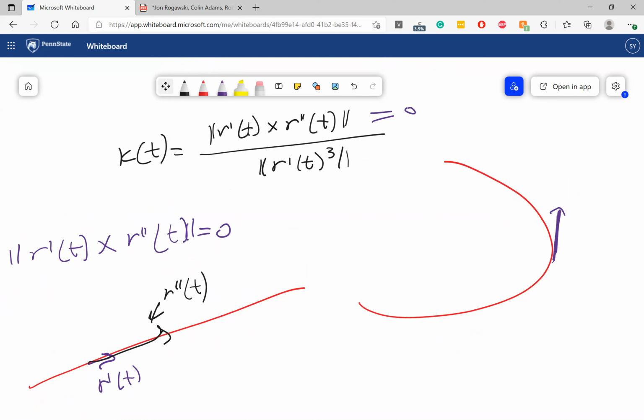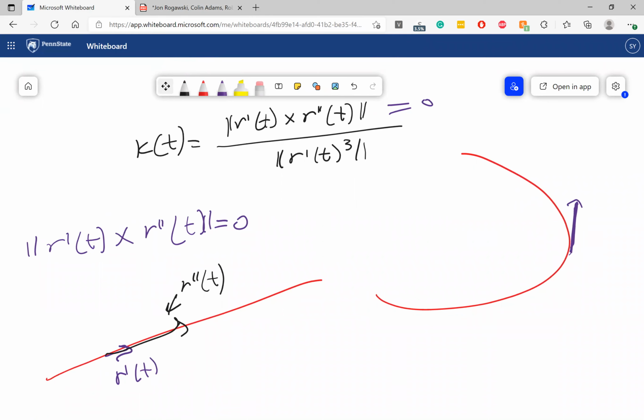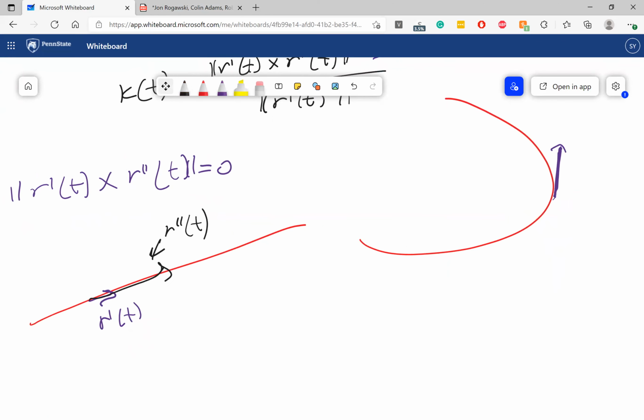If, however, they are different, so let's imagine that you're on a circle, and you can check that on a circle, your r primes of t look like this, and your r double primes of t, and we will see this a couple of times throughout the course, look like this. This is r double prime of t.